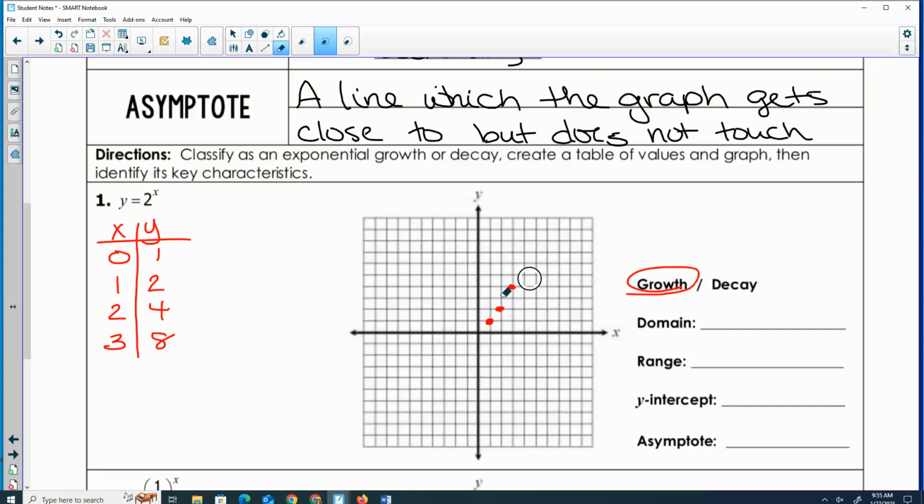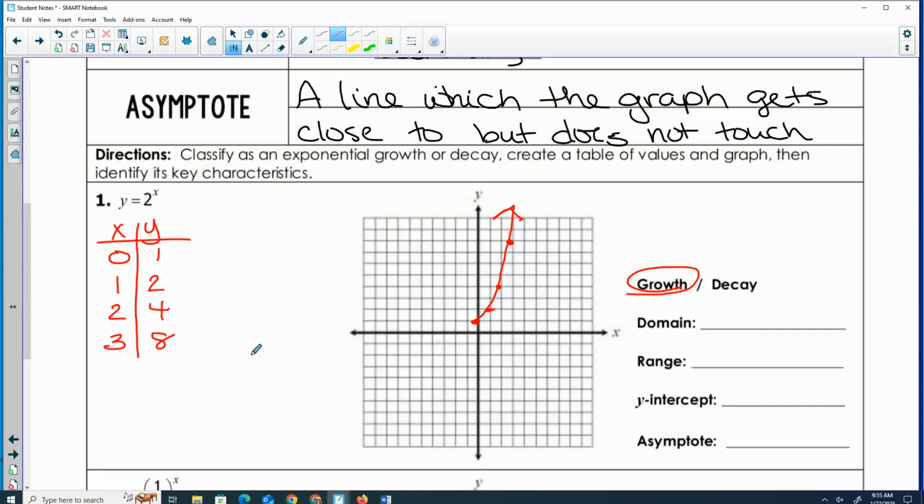I just split all of them over. Let me fix that. 0, 1, 1, 2, 2, 4, 3, 8. Okay. So this is why it's growing. It's exponential growth. We can see this is just getting bigger, right? And it's going to continue to do so.